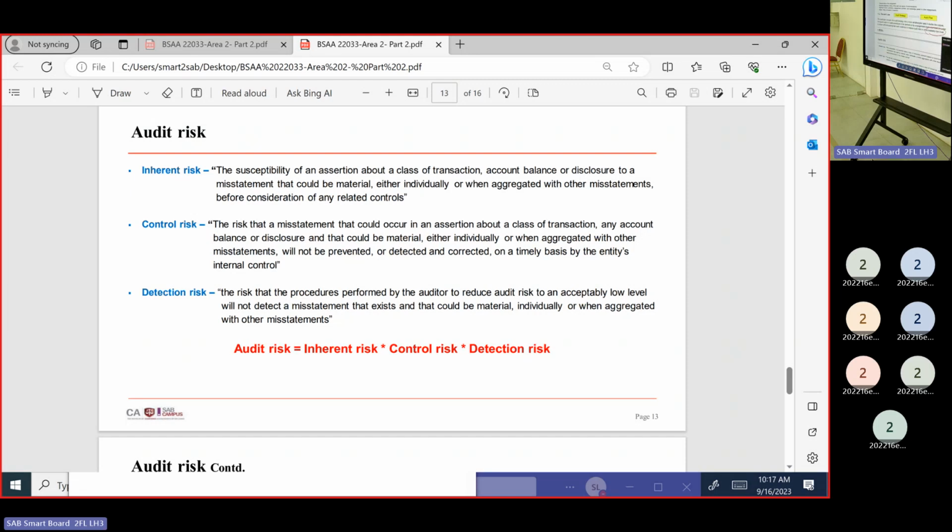A liquid asset, a high value asset. What else? Inherently risky areas in the financial statements. Cash and cash equivalents: there's inherent risk related to existence. Yes. Jewelry. Balances. What are the risky ones?